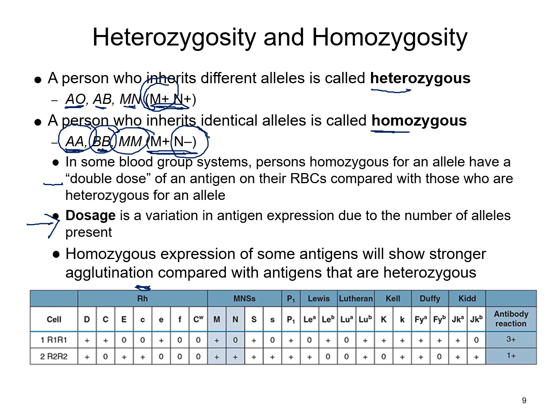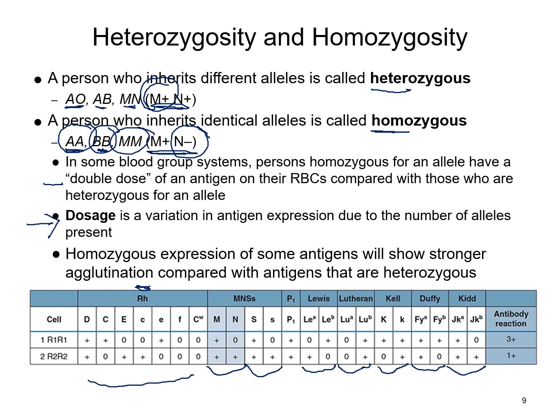For now, just notice the patterns where you have these inheriting together. You have your M's and N's, your S's, Lewis, Lutheran, Kell, Duffy, Kidd, and these are just some of your more common ones. And of course you have your Rh family here. We will talk about that in more detail later.